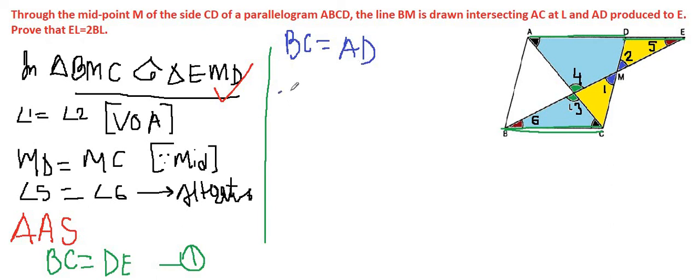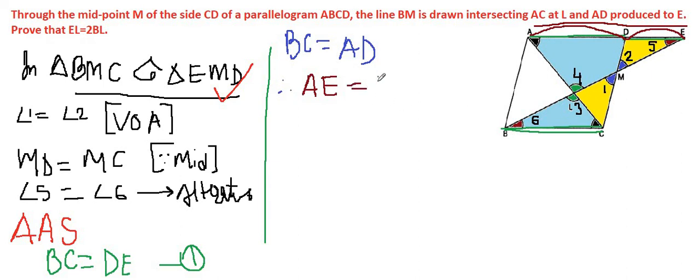Now if we want to find the side AE, AE is the sum of AD plus DE.